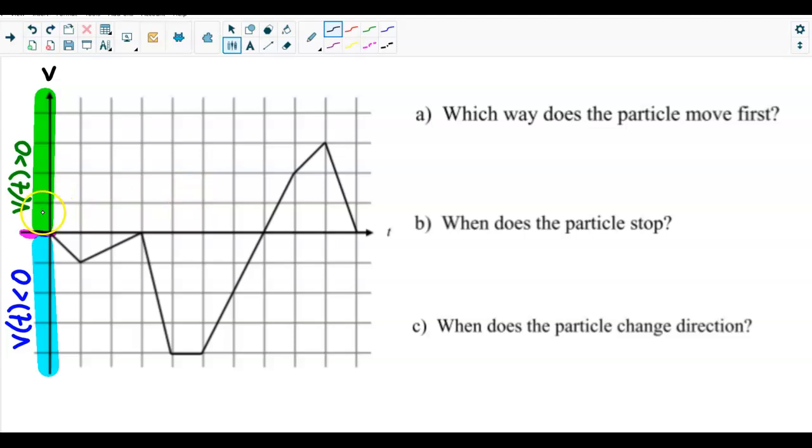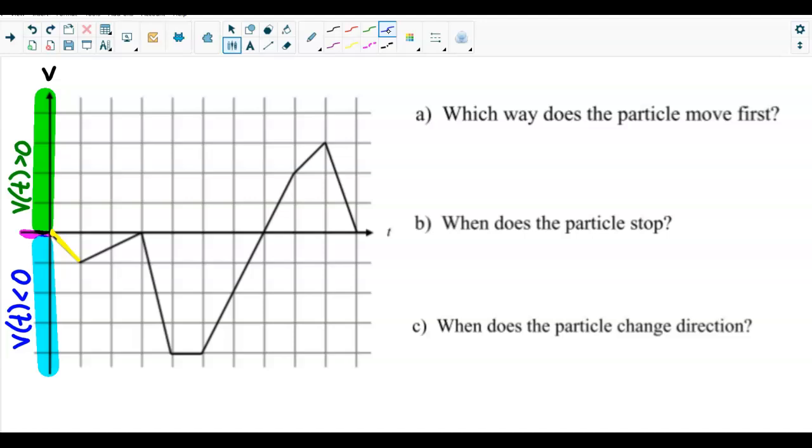When we talk about this, our positive y values mean that our velocity is greater than 0. Our negative y values mean that our velocity is less than 0. Okay, so when it says which way does the particle move first, we're talking at a time of 0. This is our first movement from 0 to 1 second. And our velocity here is actually less than 0.